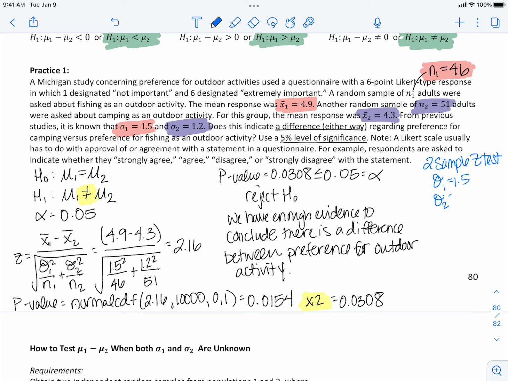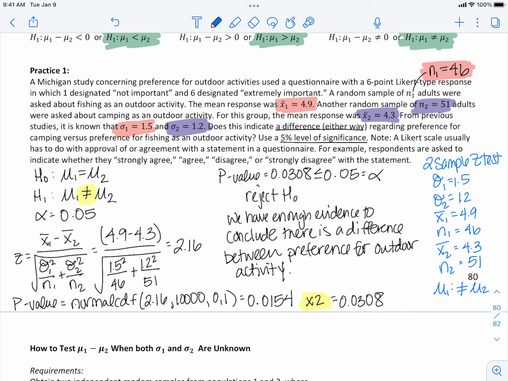Our sigma 2 is 1.2. Then we have our x1 bar, which is 4.9. Then our n1, which is 46. Then our x2 bar, which is 4.3. N2, which is 51. And then we're going to choose mu1 not equal to mu2.